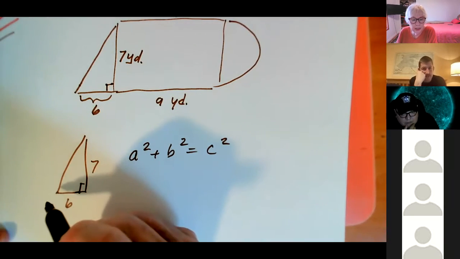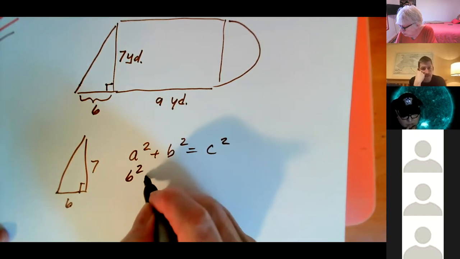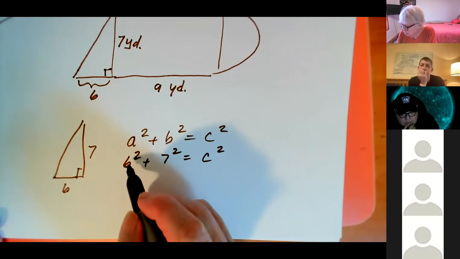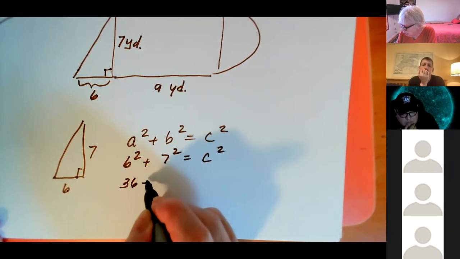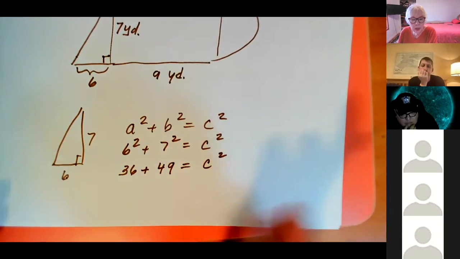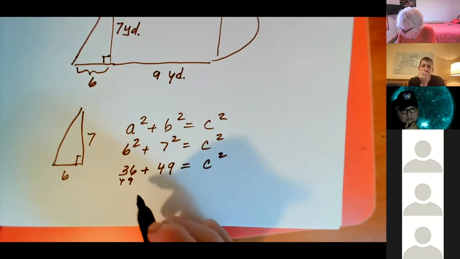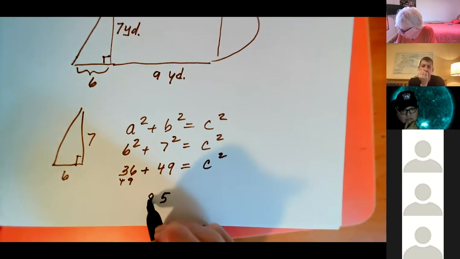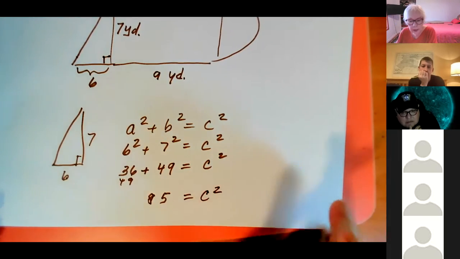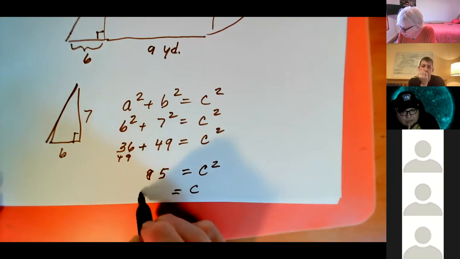In order to find the missing side, we could call this A and this B, it doesn't matter the order. 6 squared is 36, and 7 squared is 49, and that equals c squared. So 49 plus 36 is 85. So this 85 is c squared. Then the distance here is the square root of 85.